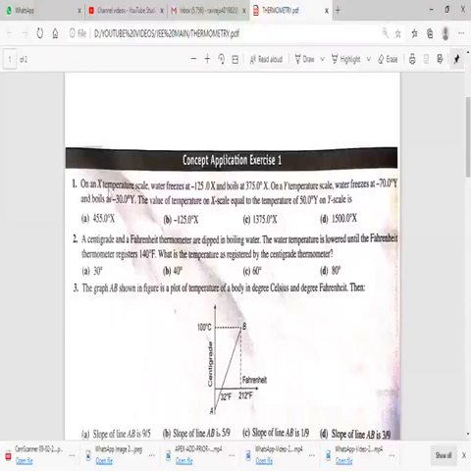On an X temperature scale, water freezes at minus 125 X, and here you have to consider X is only the unit for temperature on that scale, and boils at 375 degree X. This is the information about the X temperature scale. And see about the Y temperature scale.